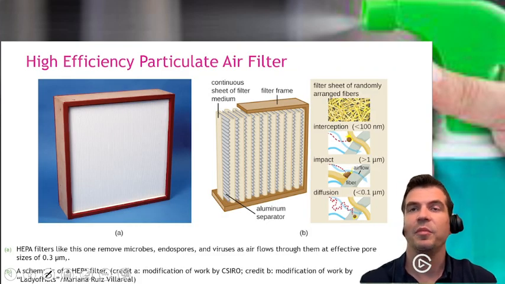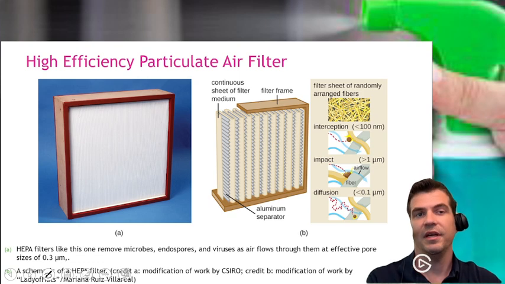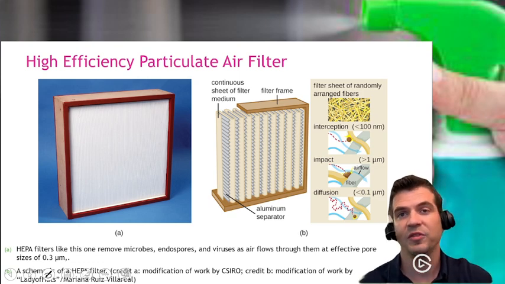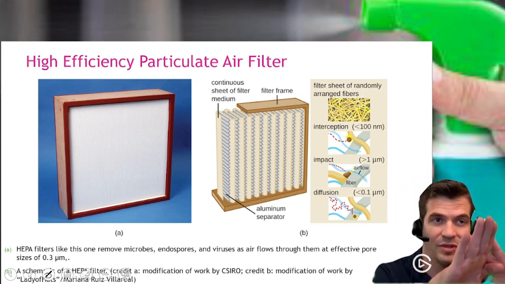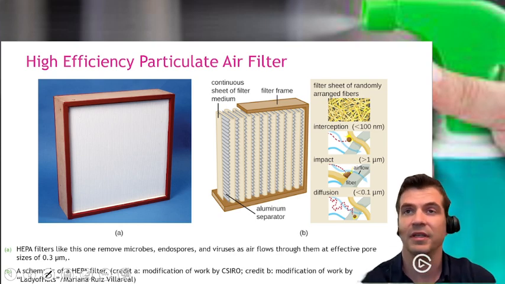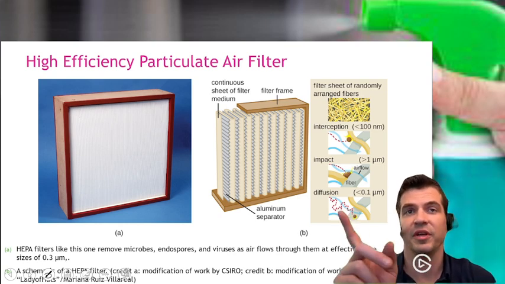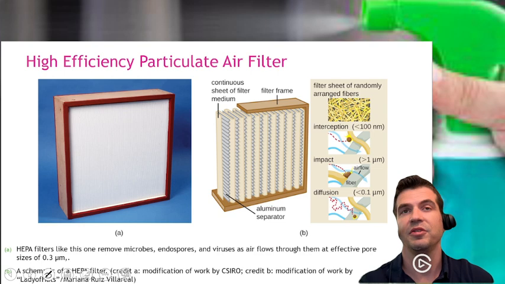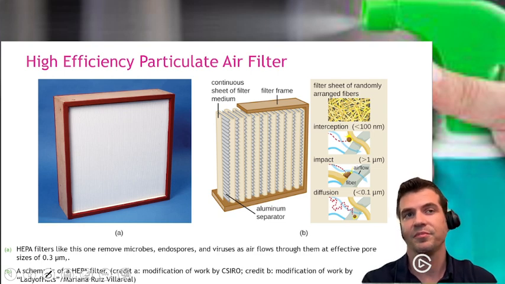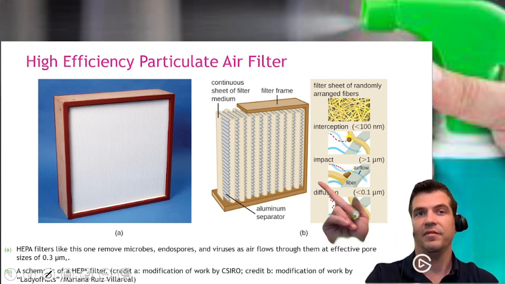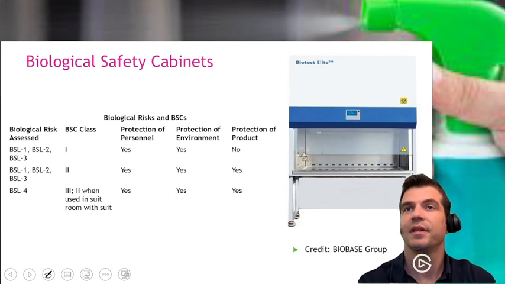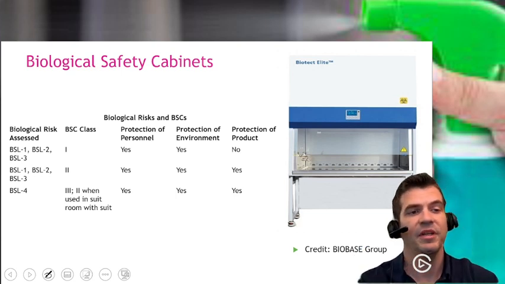A HEPA filter will literally catch the microbes because the filter is smaller than them. Okay. So a HEPA filter, you might have heard of a HEPA filter, the high efficiency particulate air filter, and it catches very tiny things. We also have a biosafety cabinet, which takes advantage of a HEPA filter.